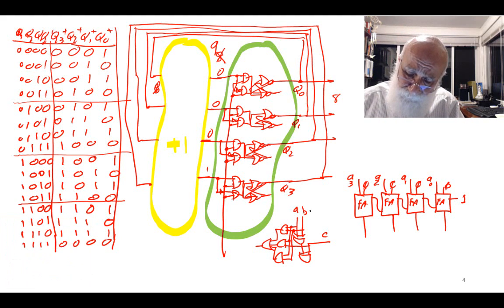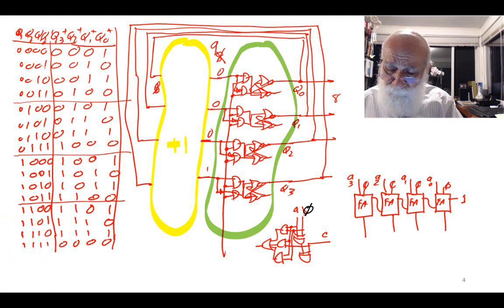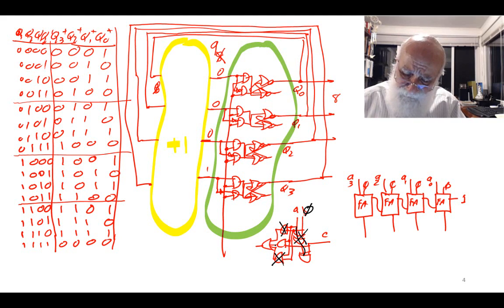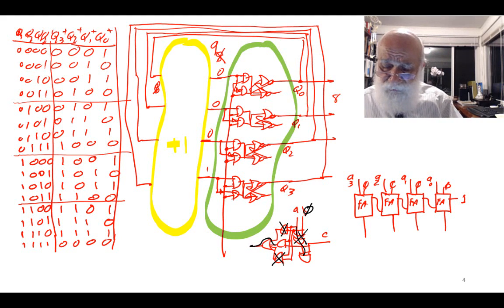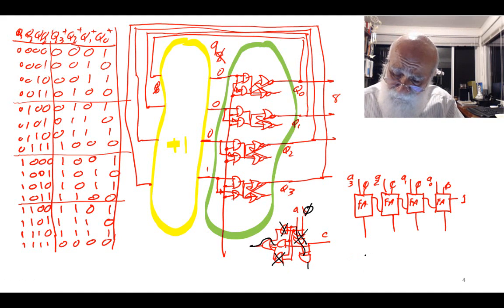If B becomes 0, I don't need this XOR gate, and A goes directly here. If B becomes 0, I don't need this AND gate, and I don't need this AND gate, and this goes to the output. Okay, and therefore this becomes this circuit.